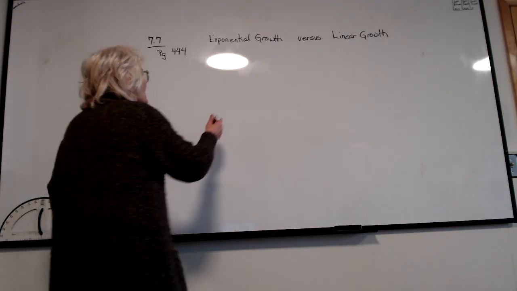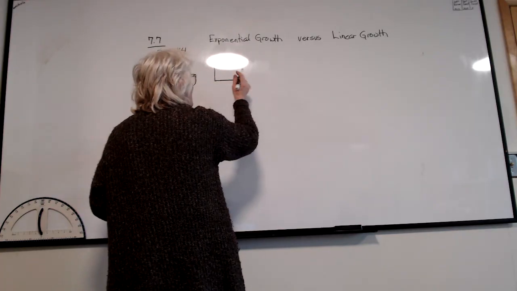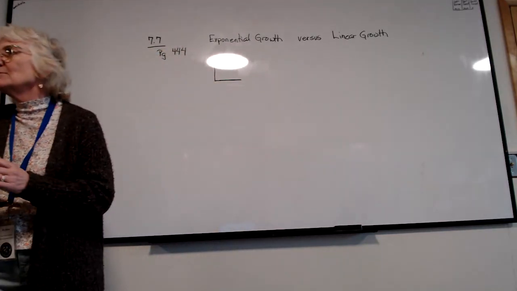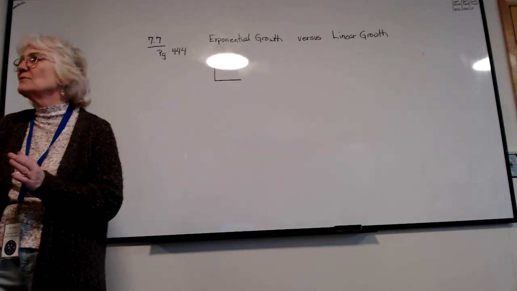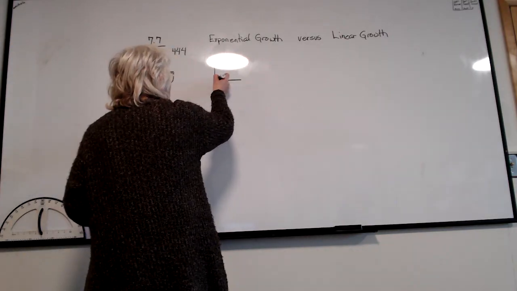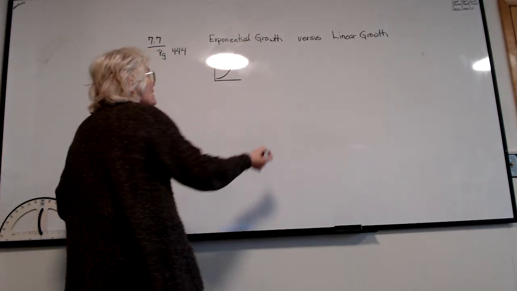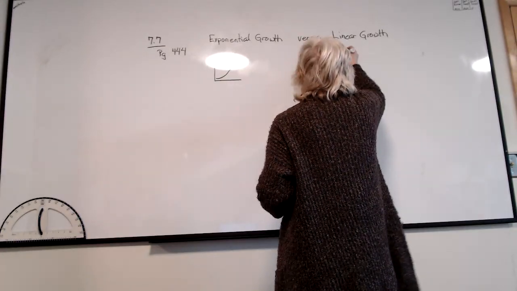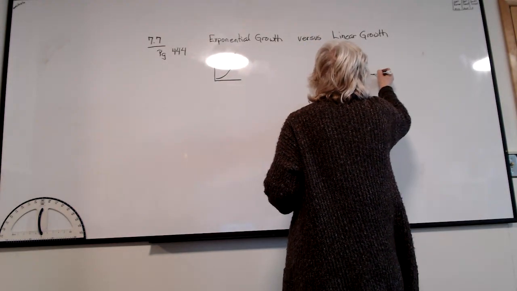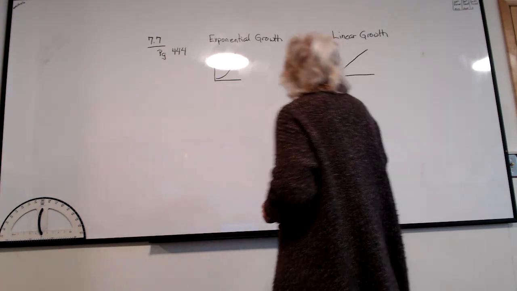Now, if you think of an exponential graph, we're going to look at positive growth right now. The same thing applies, it's just the reverse when it's negative or decreasing. But exponential growth starts out slowly and then goes really fast up. A linear growth goes at a constant rate, like that.